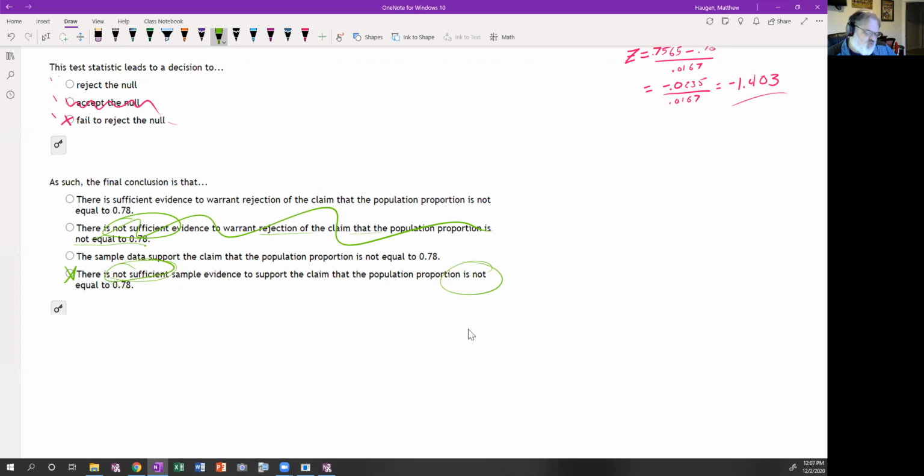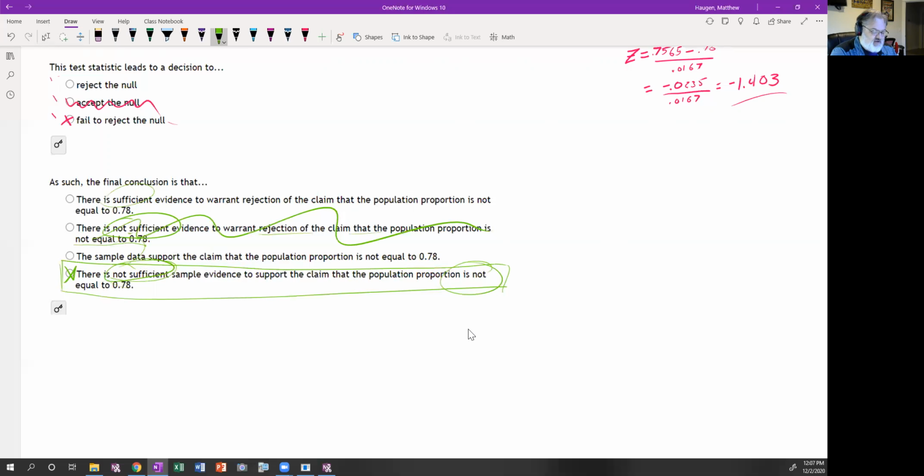These can be tough, figuring out what the wording is, because it's really specific. But you want to look for those couple of words, either significant or not significant, and then look at what they are supporting or rejecting.